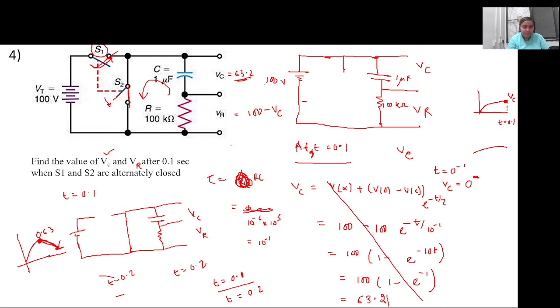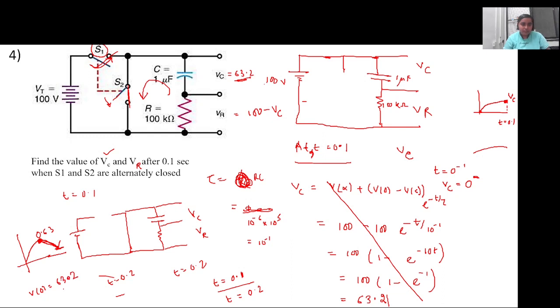How do we write that expression? VC at 0.2 is equal to 63.2 into e power minus t by tau. Is it right? So the initial voltage of the capacitor, V0, is 63.2. Yes, 63.2 into e power minus t by tau.